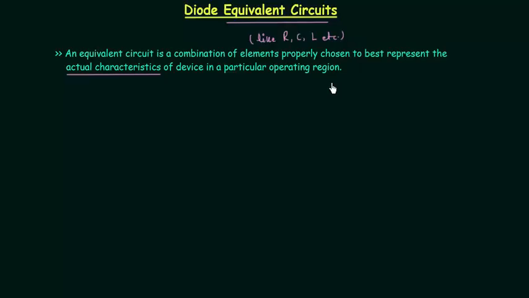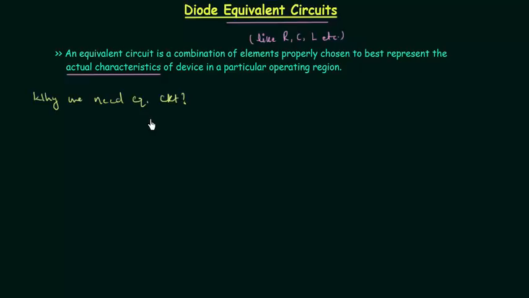Now there is one question: why do we need an equivalent circuit? We cannot use traditional circuit analysis techniques like Thevenin's theorem, Norton theorem, superposition theorem with the actual device.